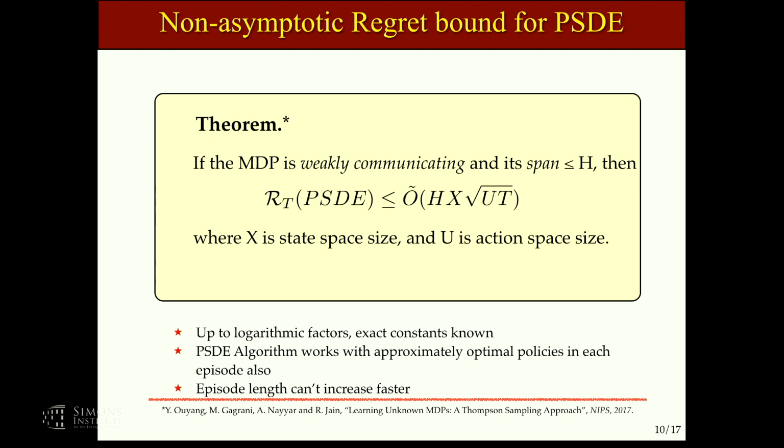For example, in the UCB algorithm, you can increase the time between explorations exponentially. You can actually have a deterministic schedule, and it'll still work. But that doesn't happen here. It seems that for this problem, you can't do that.